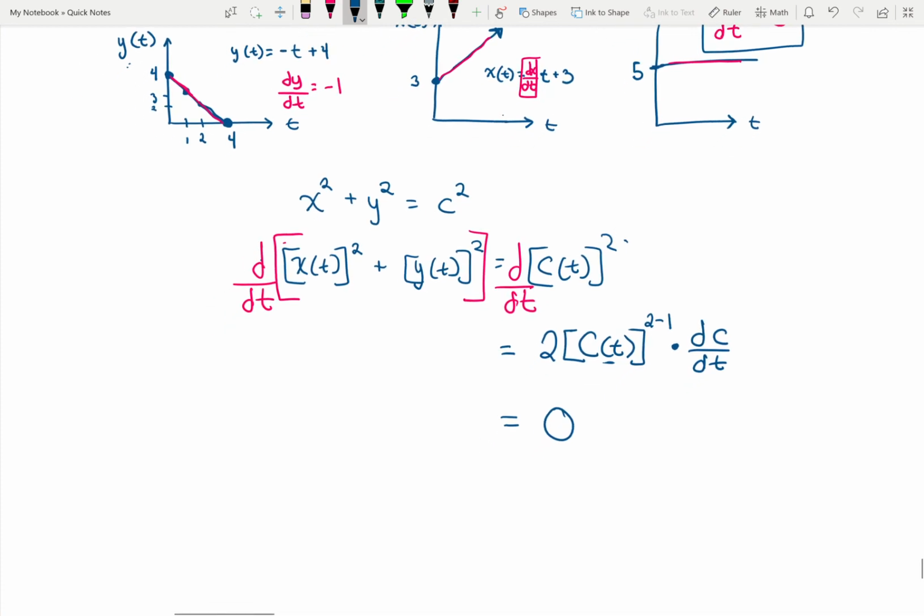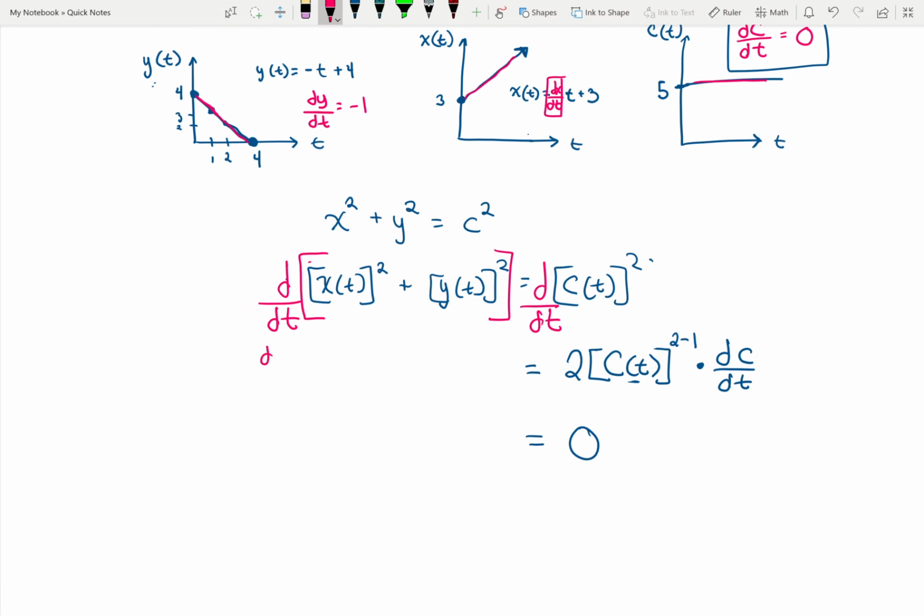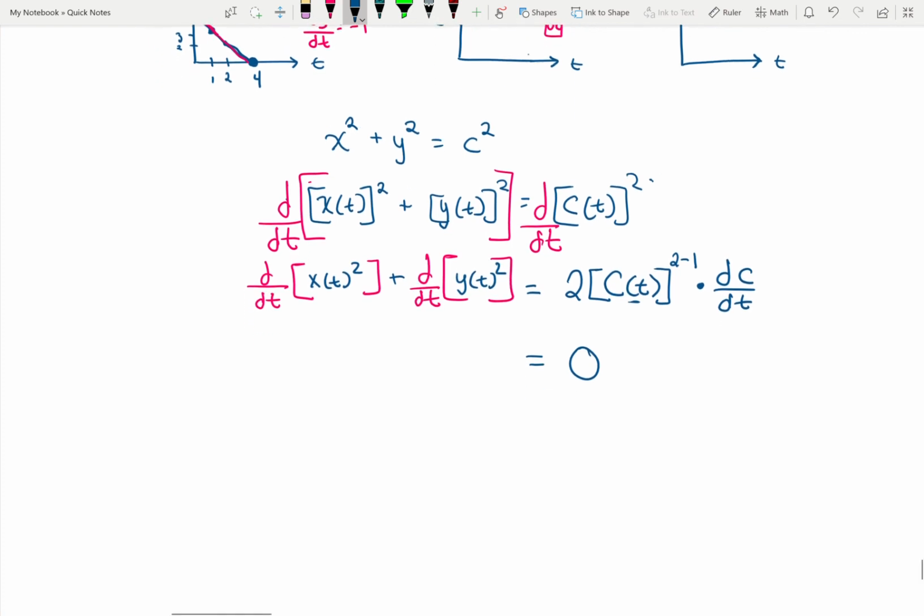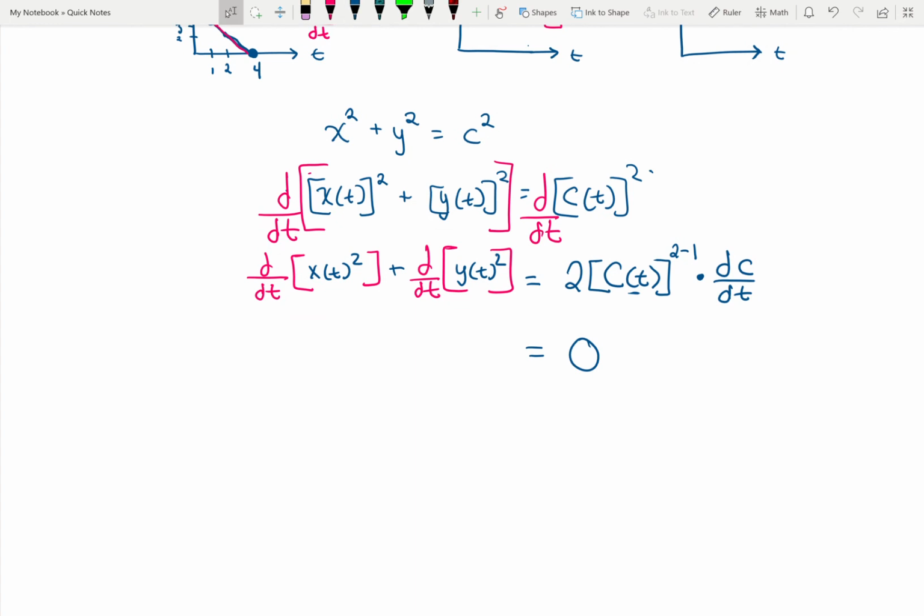Next, we're going to have to split these guys up. So we have d/dt of this guy and d/dt of this guy right here: x of t squared and y of t squared. And again, we have to use the chain rule. So the chain rule here is we drop the exponent times the inside function, take 1 away from the exponent, we're just left with 1, times the derivative of the inside of the function.